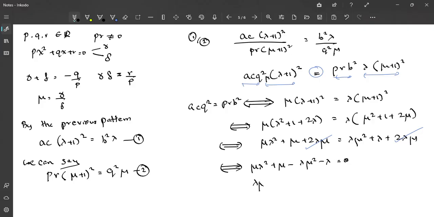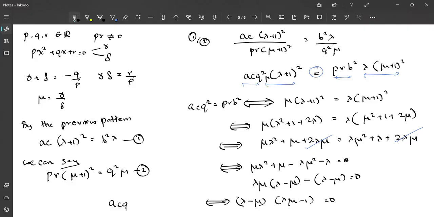So I will take λμ out: λμ(λ−μ) minus (λ−μ), matching these terms together. Now you can take λ−μ out. This will be (λ−μ)(λμ−1) equals 0.